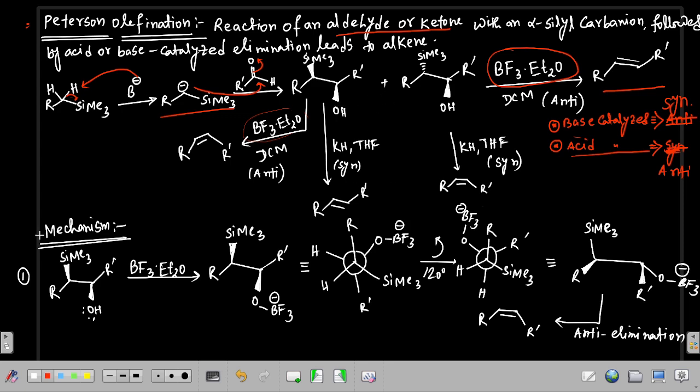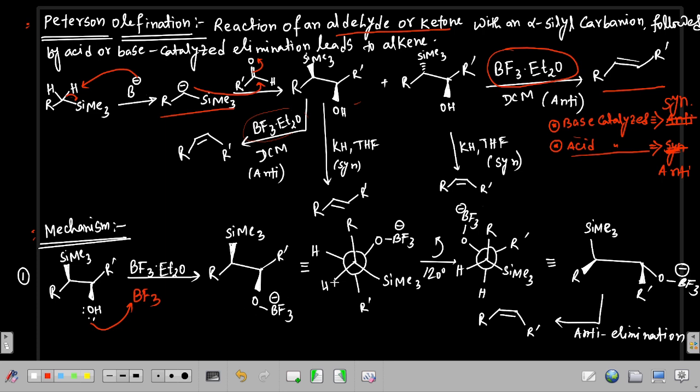So now we will see the mechanism of these reactions. For this diastereomer, if it reacts under acid catalyzed conditions, the hydroxyl group has lone pairs of electrons, so it will attack the BF3 Lewis acid, and it will form this intermediate.